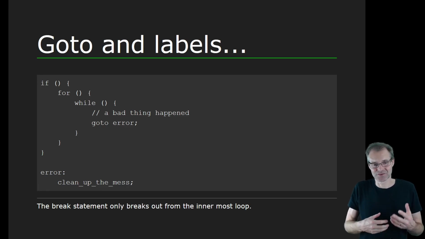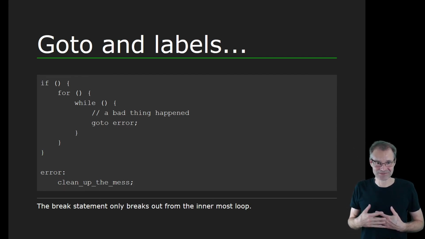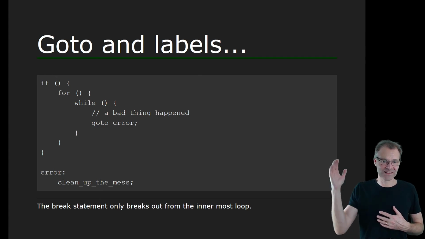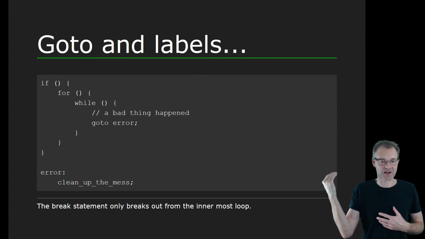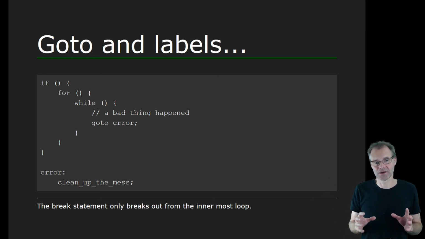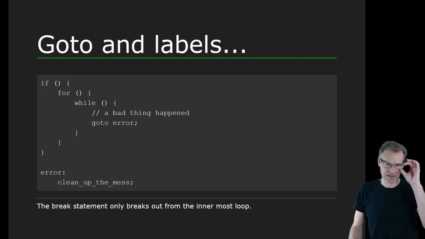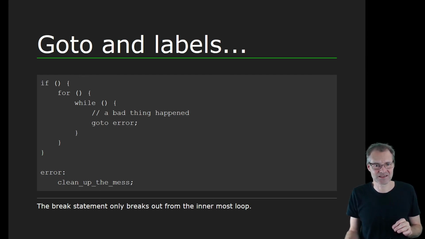So just for the purpose of having an example for Goto and label, here we are having Goto error, and the label down there is the error label, and then we can clean up the mess, just showing how it can be done. But still, try to avoid it. In general, it might not be that necessary to have these constructs.